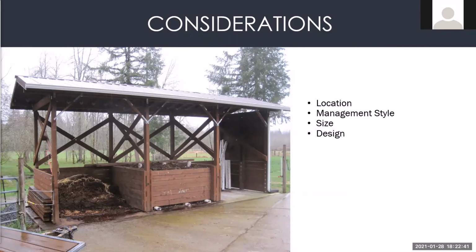And the size is really important so that it's the right size for the amount of manure that your livestock are producing. And in the tools that I'm sharing at the end, I have a manure volume calculator so that you can put in how many animals you have and what kind, and it can help you figure out what size dimensions of a bin that you'll need. So that's really great.